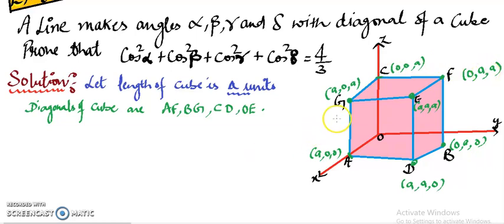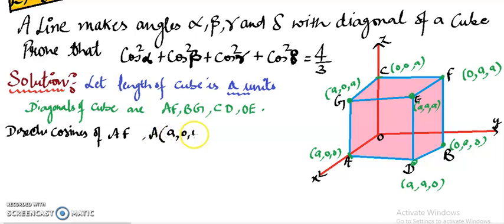Now I am going to take the direction cosines of the diagonals. So let us take diagonal AF, right? A point is a, 0, 0, and F point is 0, a, a.